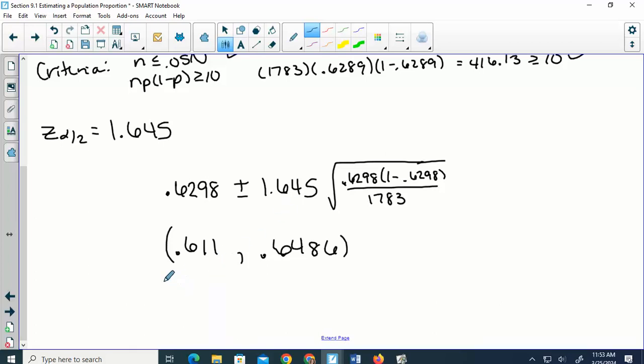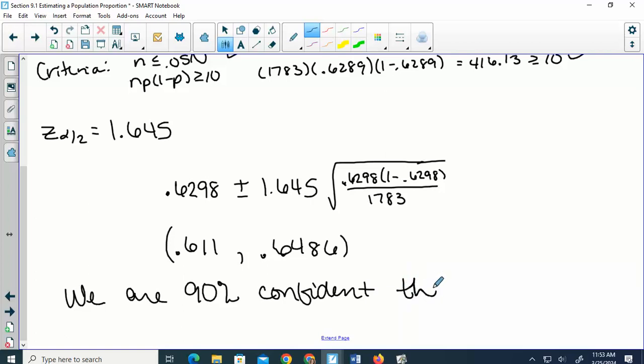And so what that means, and I think, did I give you guys a blank slide after this? Okay, so you can use that if you need to. It means we are 90% confident the value is between these numbers.